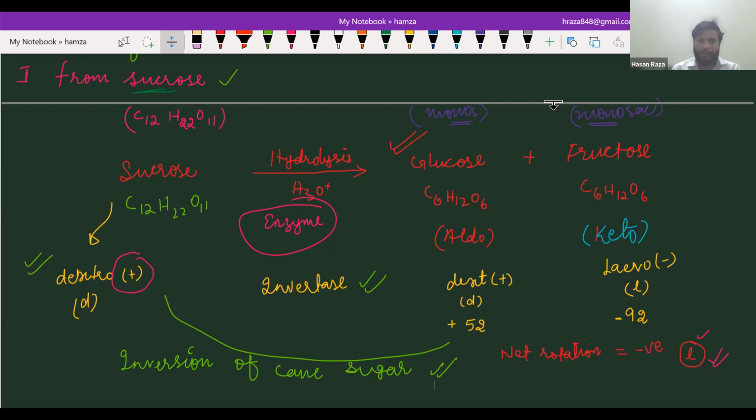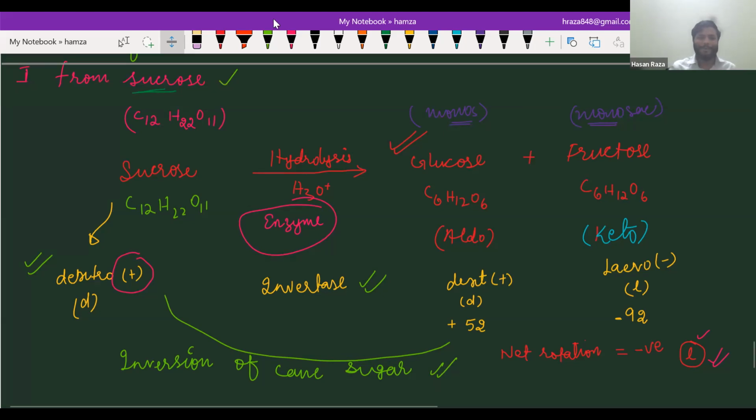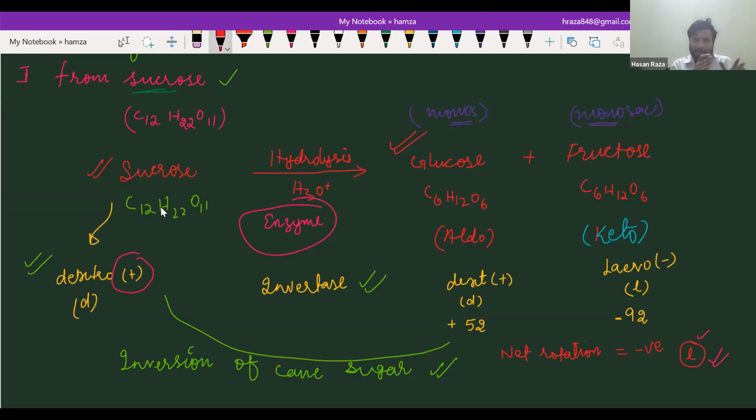Let me know, sir, what is inversion of cane sugar? Inversion of cane sugar means basically this sucrose is cane sugar. The rotation was clockwise, a net rotation on the right side, and the product side is anti-clockwise. So it just inverted.